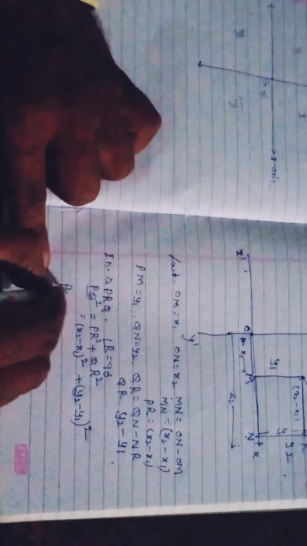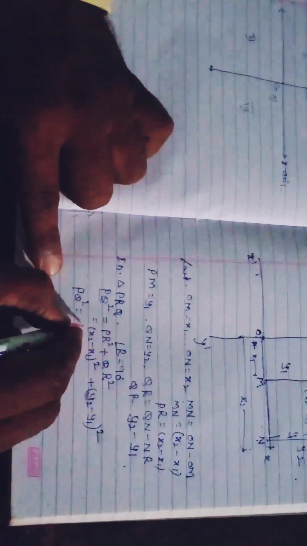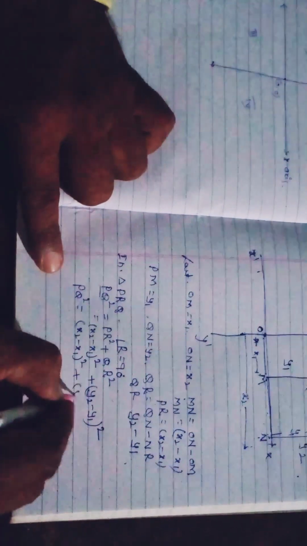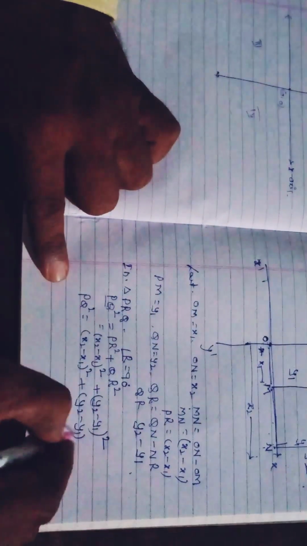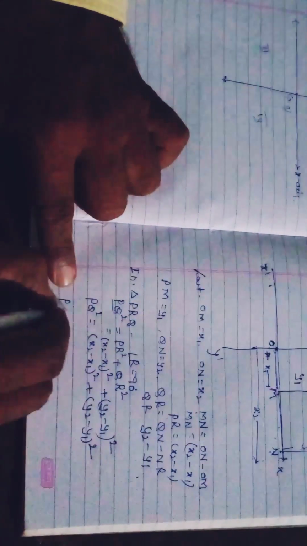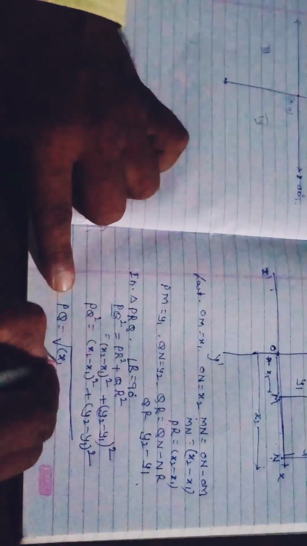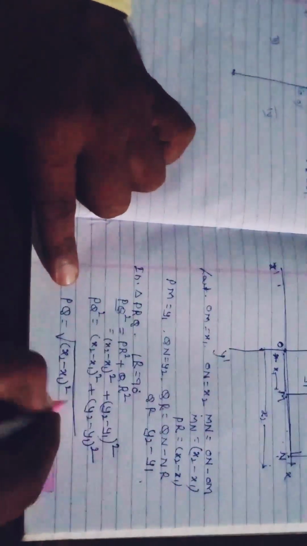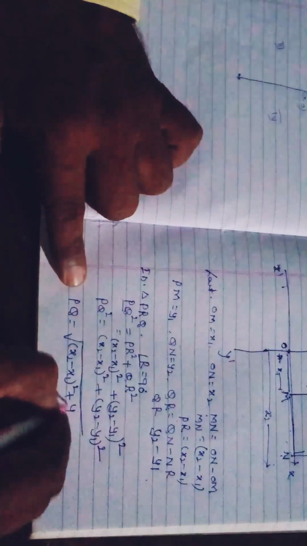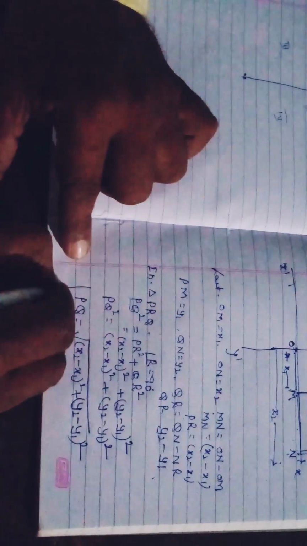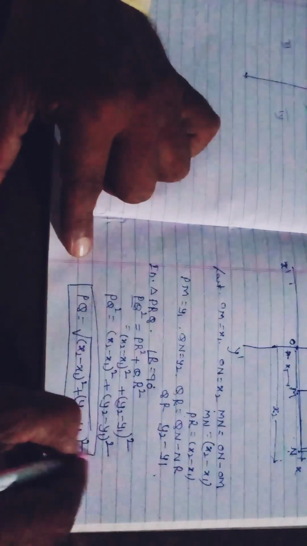Therefore, PQ square is equal to (x2 minus x1) whole square plus (y2 minus y1) whole square. So PQ is equal to the square root of (x2 minus x1) whole square plus (y2 minus y1) whole square. This is known as the distance formula.